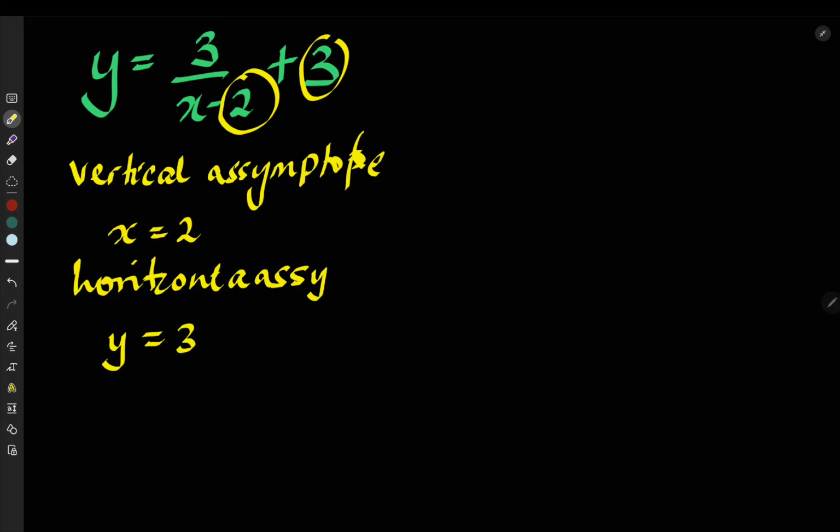Then the other feature that you want to talk about is the x-intercept. For the x-intercept, remember, you let y is equal to 0. So we let y be 0.